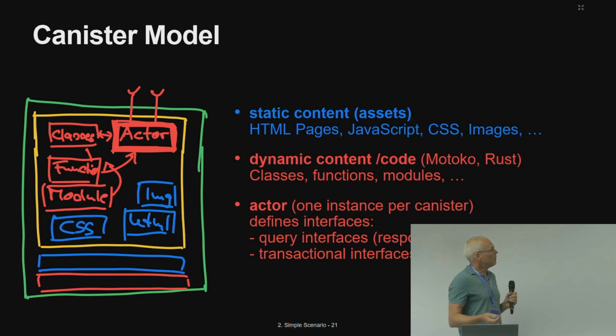So you can define queries which are really fast and cheap, and you can define transactional interfaces that are much slower, in a second time, and more expensive because you have to deploy the state over the other nodes. That's the expensive part of it.